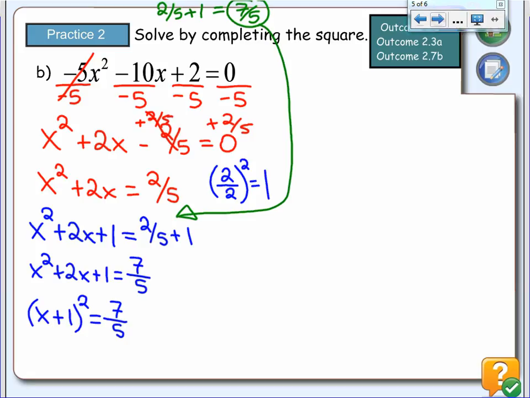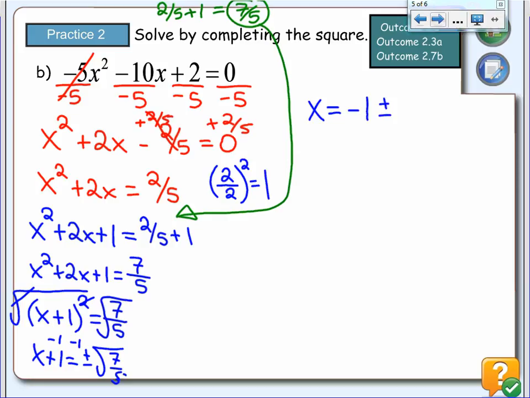We've got x plus 1 equals the positive or negative root 7 over 5. We're going to subtract 1 from both sides. We now have x equals negative 1 plus or minus square root of 7 over 5.